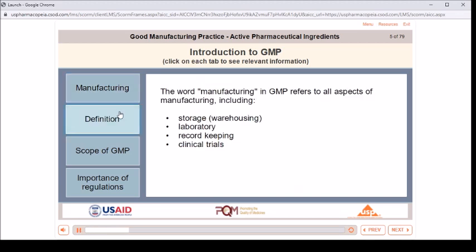Definition. The word manufacturing in GMP refers to all aspects of manufacturing, including storage, warehousing, laboratory, record keeping, clinical trials.